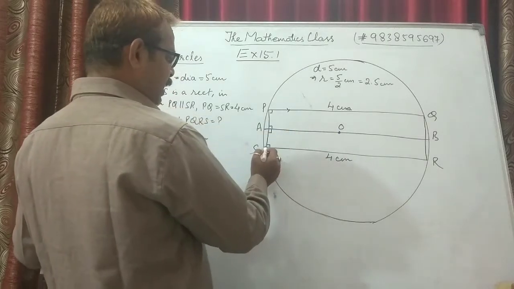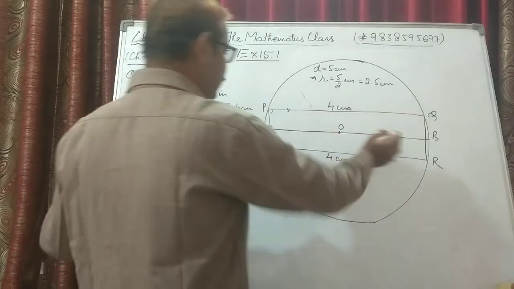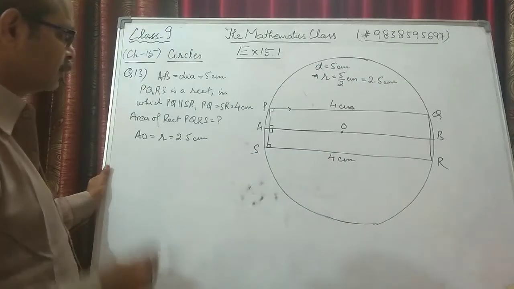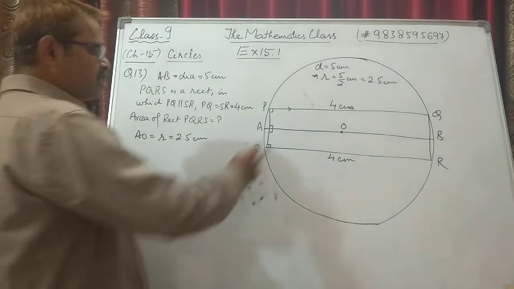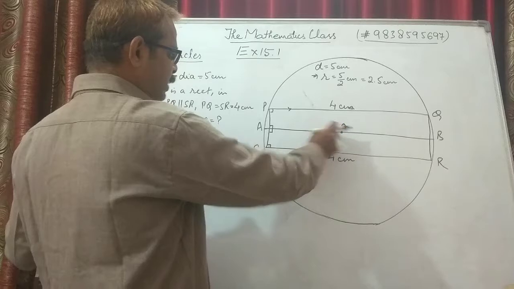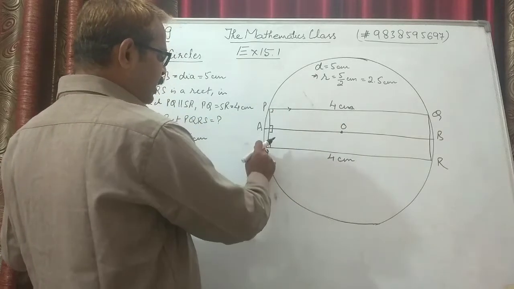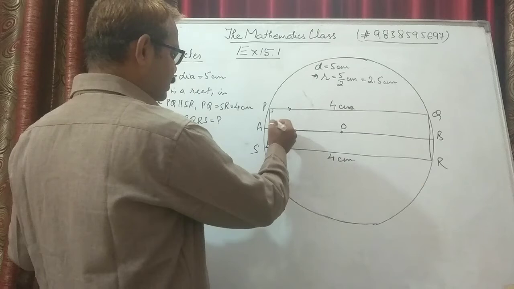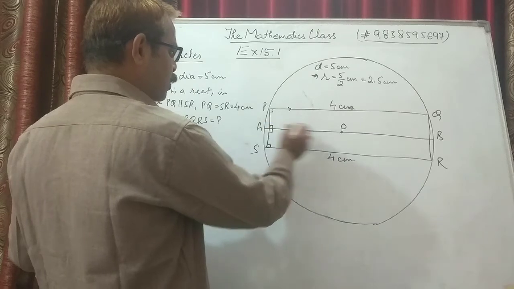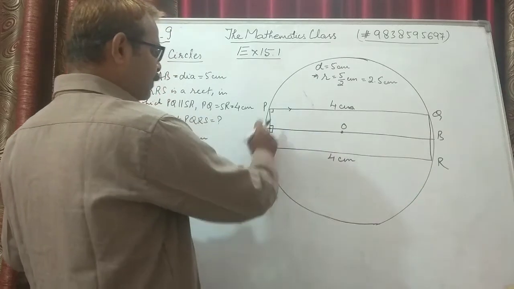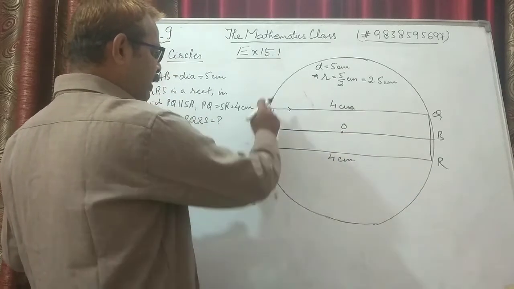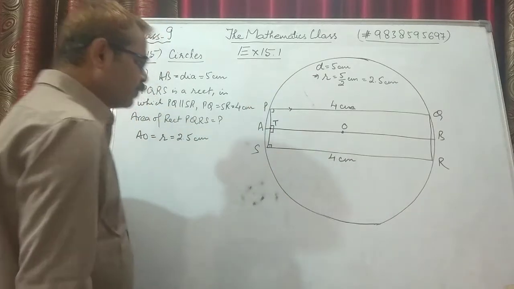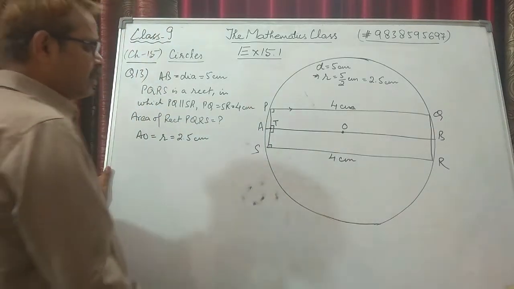So because SR and AB are parallel, this has to be 90, corresponding angles. Now it means that there is a line from the center on the chord PS. Let us say this line OA intersects the chord PS at point T. So we can easily find TS.